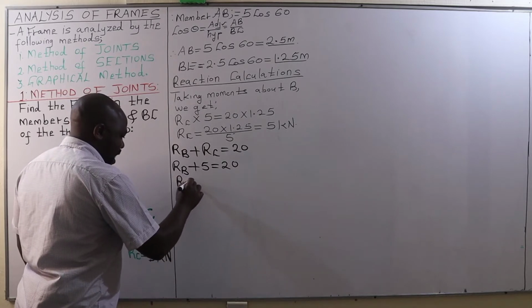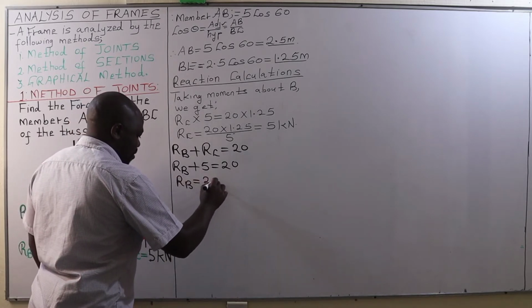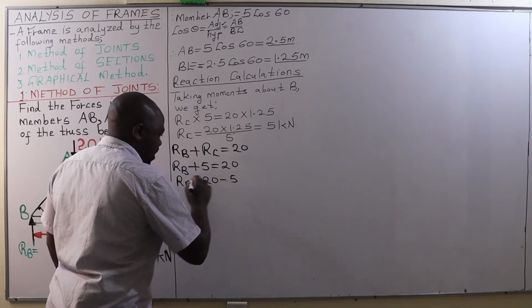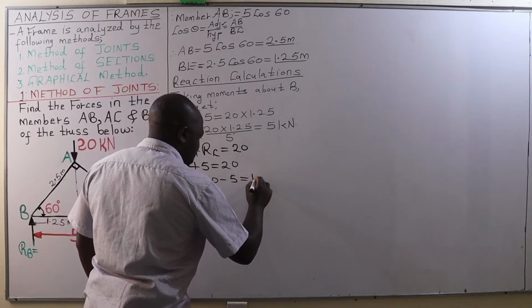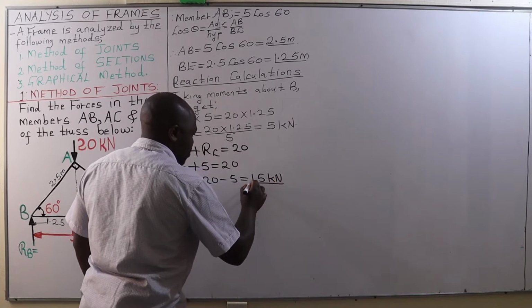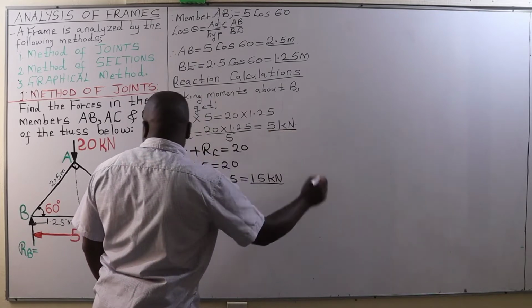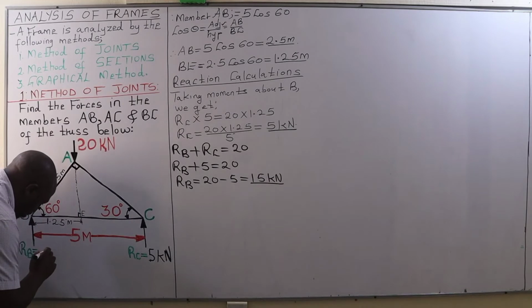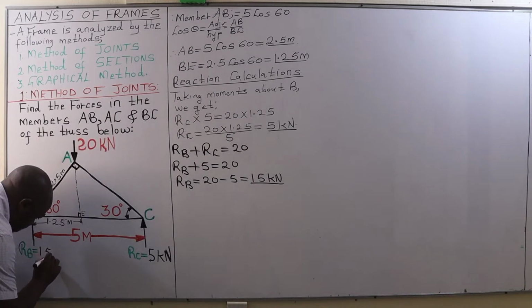That's going to be RB equals 20 minus 5, which is 15 kilonewtons. Therefore, the reaction at B is 15 kilonewtons.